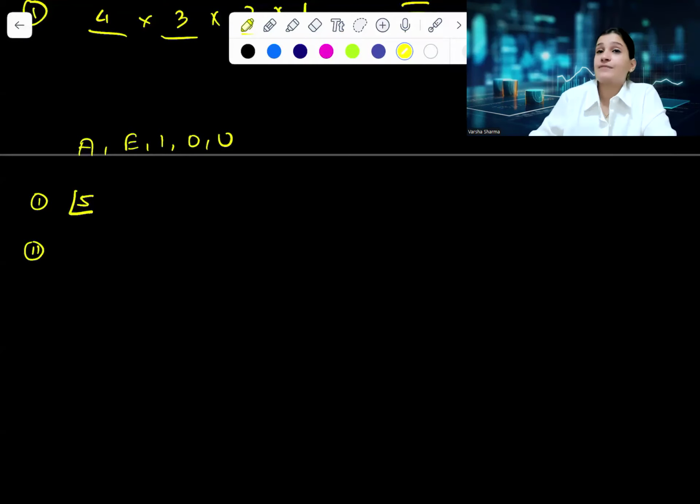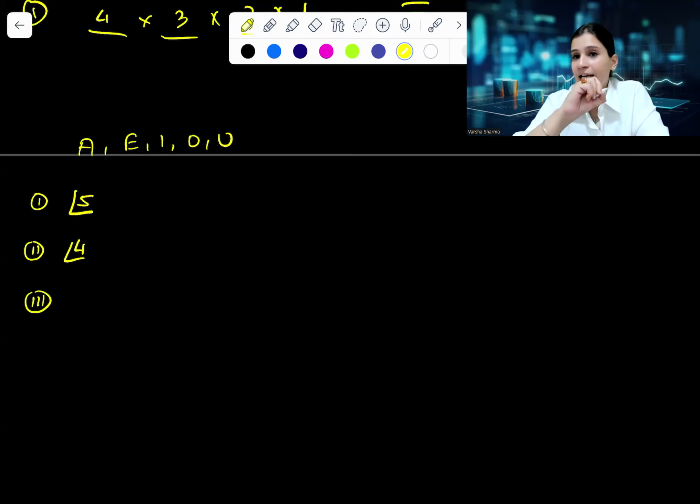In how many of them will the word start with A? If the word starts with A, the first letter is filled in one way. The remaining four places and four letters, no selection, no restriction, only arrangement. That's 4 factorial.